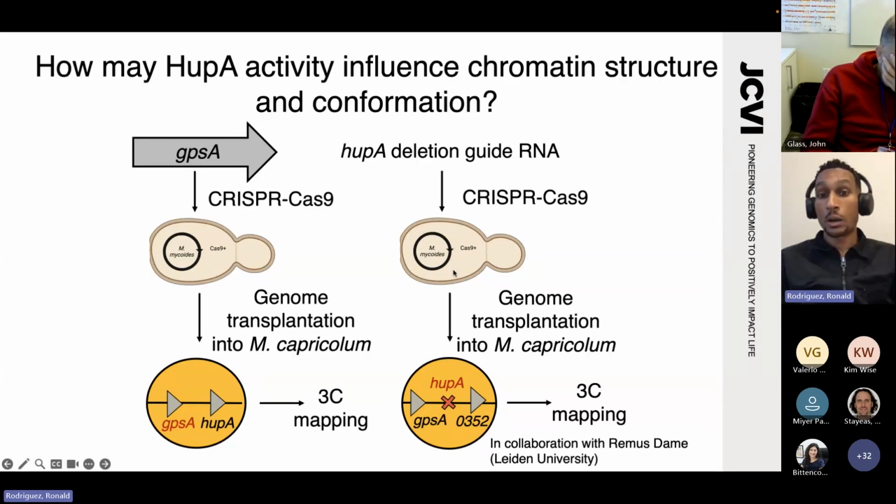We also want to delete Hub-A from the minimal cell and see if that has any consequences on the ability of the cell to make these chromosome contacts.